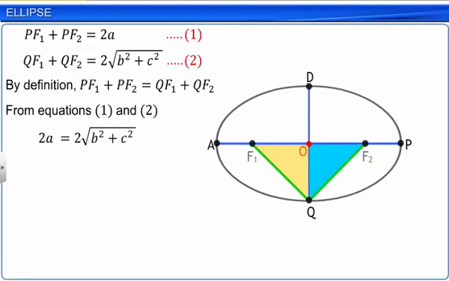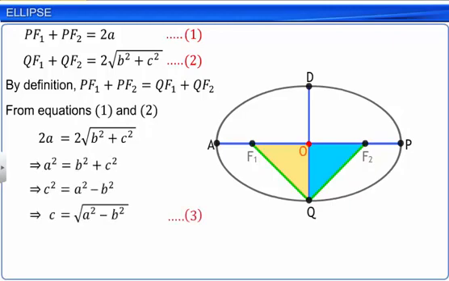On simplifying, we get c is equal to under root a square minus b square. Equation 3 gives an important relation between distance c of a focus of an ellipse from its center and its semi-major axis a and semi-minor axis b, and helps to understand some special cases of an ellipse.